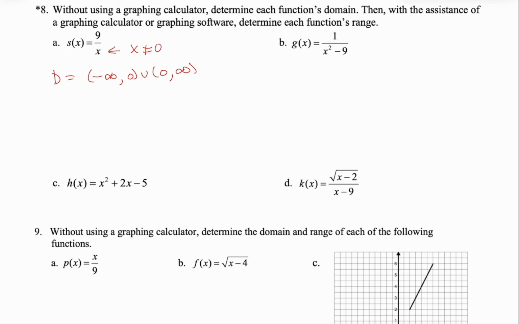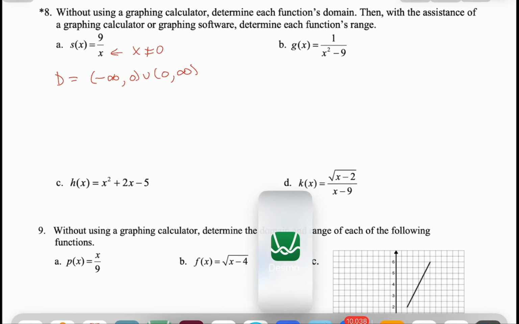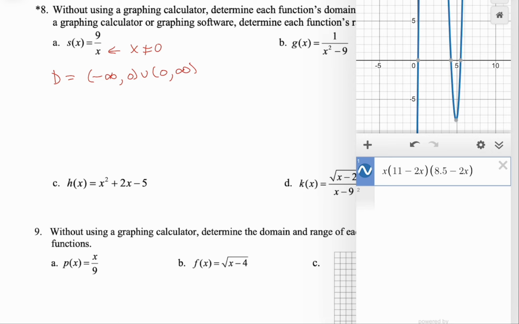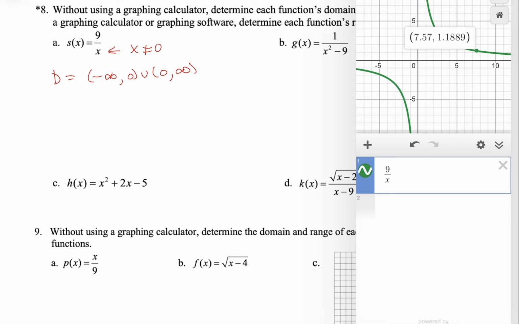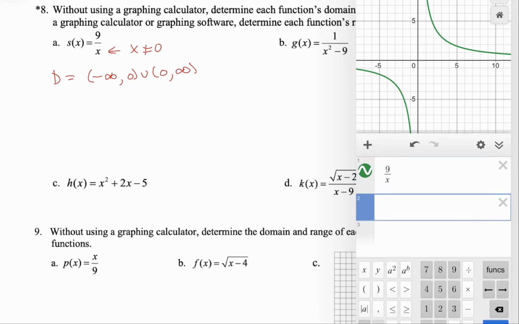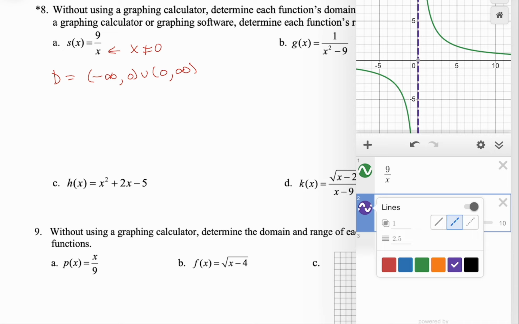Now, if we were to put it into Desmos, so let me pull Desmos up here. If you put in 9 divided by x, look what we've got. We have two distinct pieces, and at x equals 0, we have an asymptote.